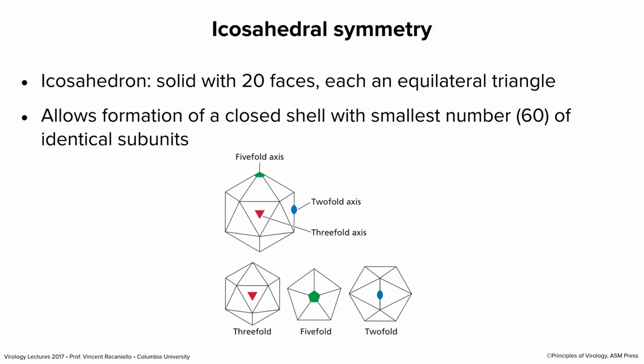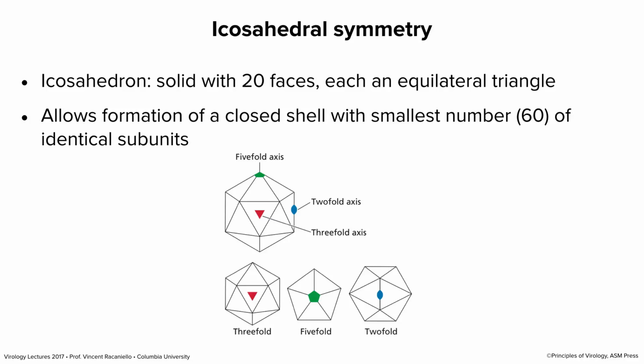What is an icosahedron? It's a platonic solid that has 20 faces. Each face is an equilateral triangle, and that makes a closed shell with the smallest number of protein subunits. You could make an icosahedron with one protein repeated 60 times. The same protein, 60 copies, will make this lovely icosahedral shell.